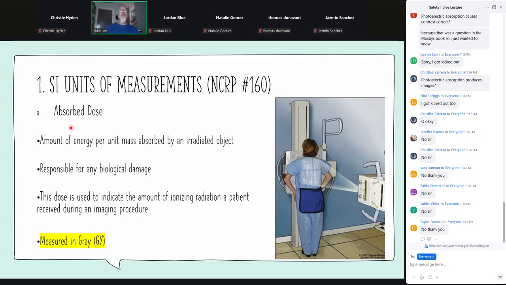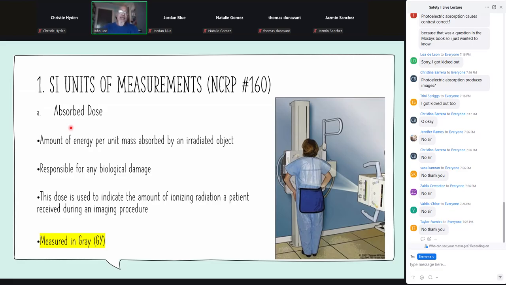So the absorbed dose unit is the amount of energy per unit mass absorbed by an irradiated object. In simplest terms, it's the amount of radiation the patient's getting. This is going to be responsible for any biological damage, and the dose is used to indicate the amount of ionizing radiation a patient receives during a procedure.